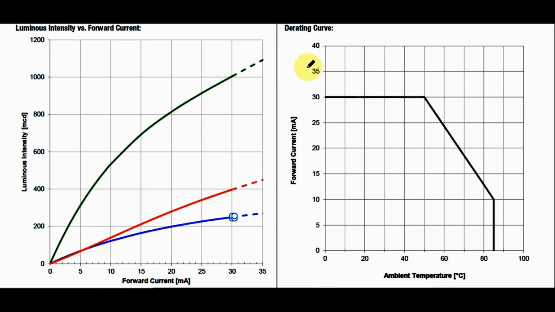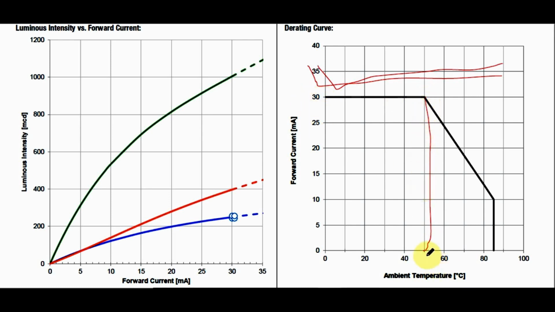This is the derating curve, which is very important to understand, guys. The curve is given for ambient temperature in degree centigrade versus forward current in milliampere. If you operate your LED above 50 degree, see here 40 and here 60, so this point would be 50 degree, till there you can achieve your 30 milliampere current.